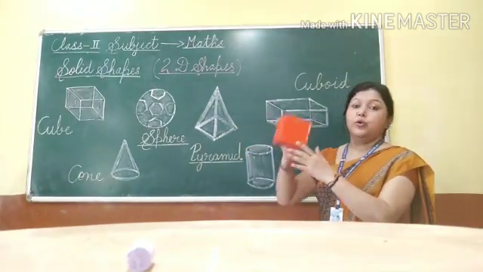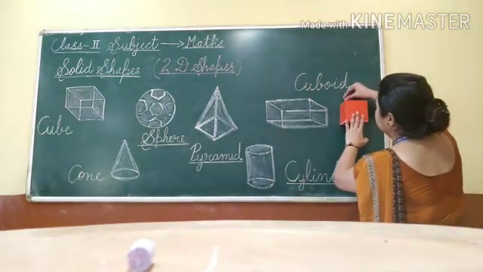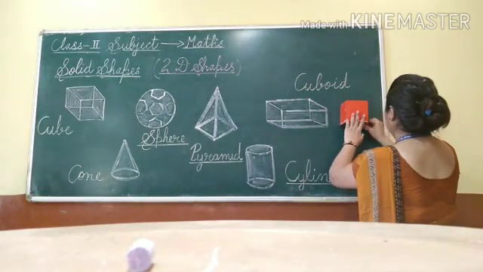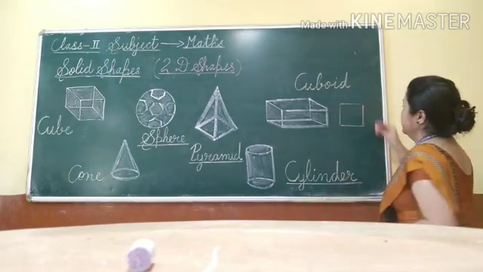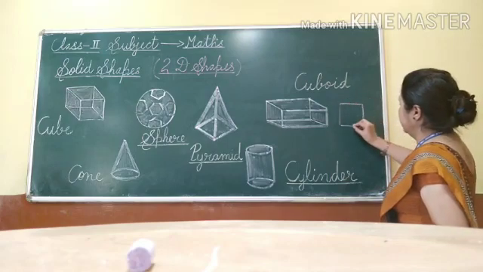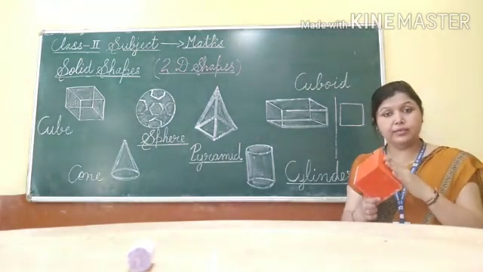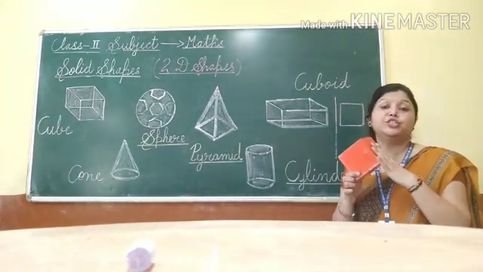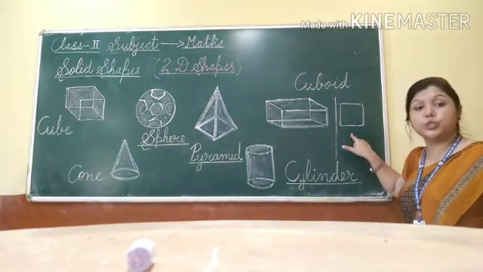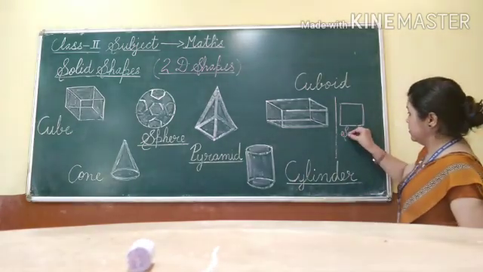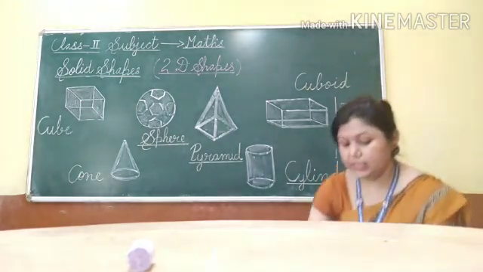If I keep this on the board and draw a line around the base of this solid shape, I get a shape which is a square.